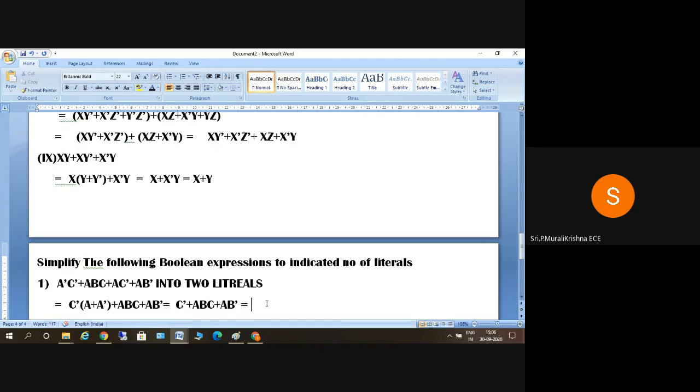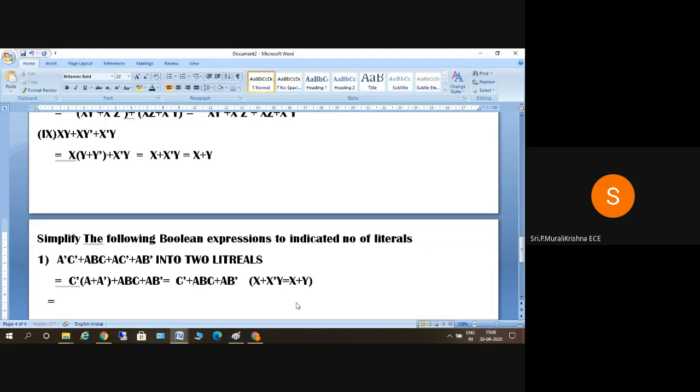So C bar plus ABC is X plus X bar Y, so we can use X plus X bar Y equals X plus Y. I use C bar as X, C as X bar, and AB as Y. So that is equal to C bar plus AB plus AB bar.